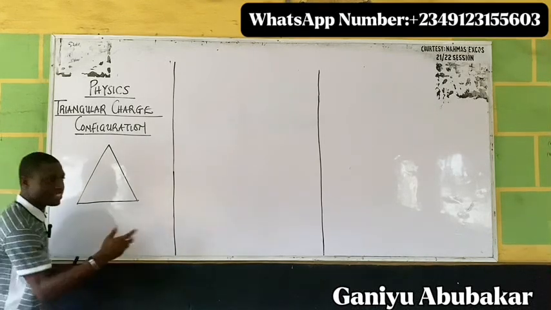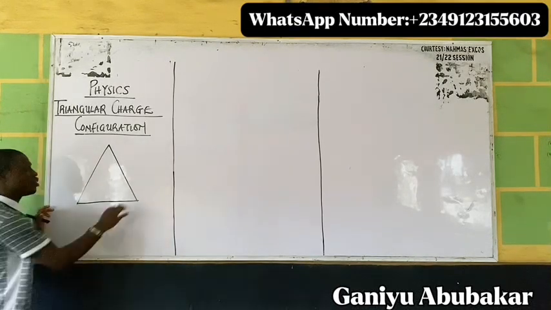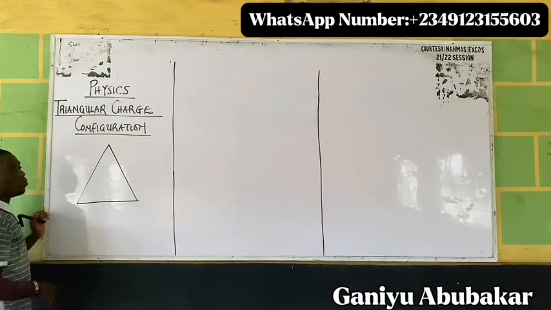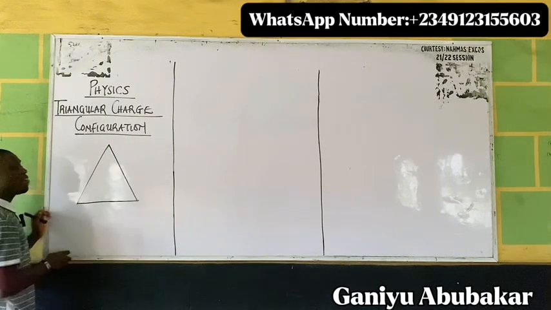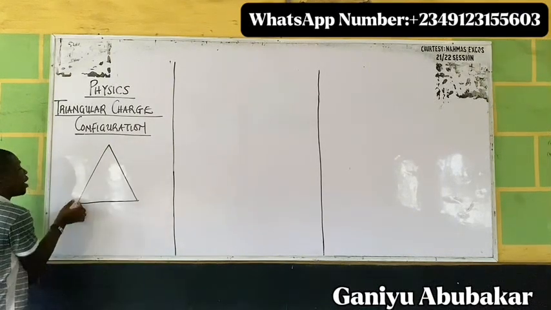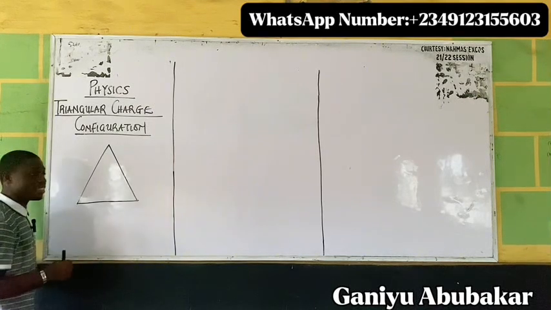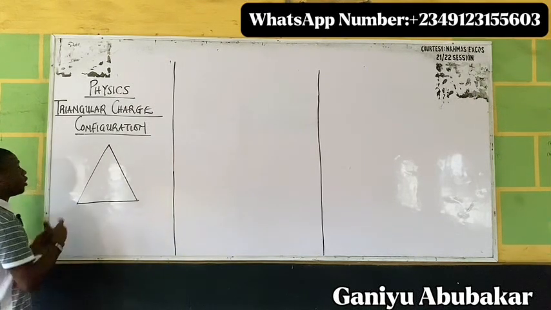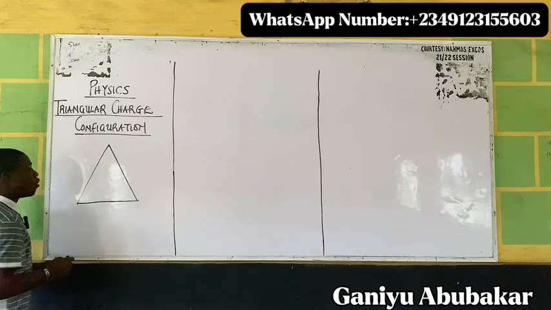By the word vertices, we mean the sharp edges of the triangle. So this is 1, 2, 3. So whenever a charge is placed at the edges of this triangle, it is said to be a triangular charge configuration.